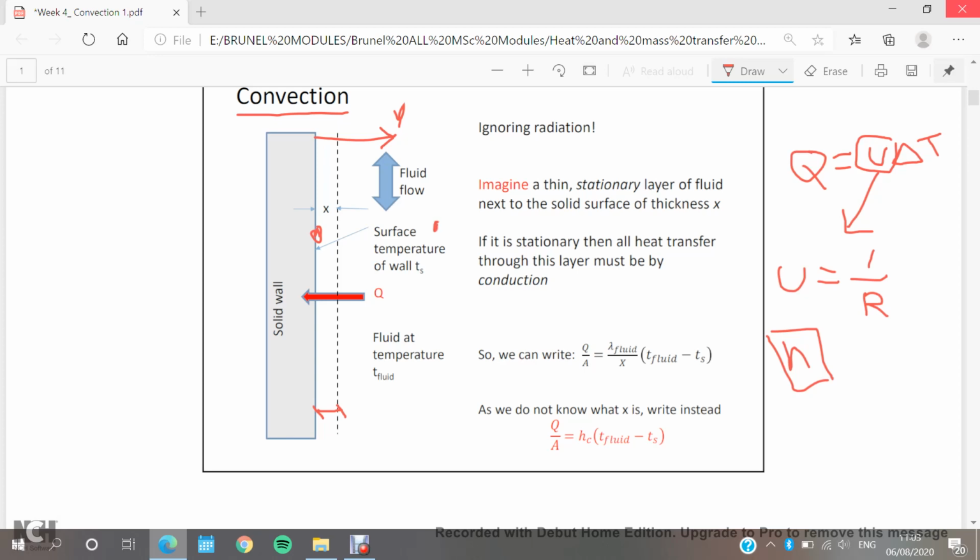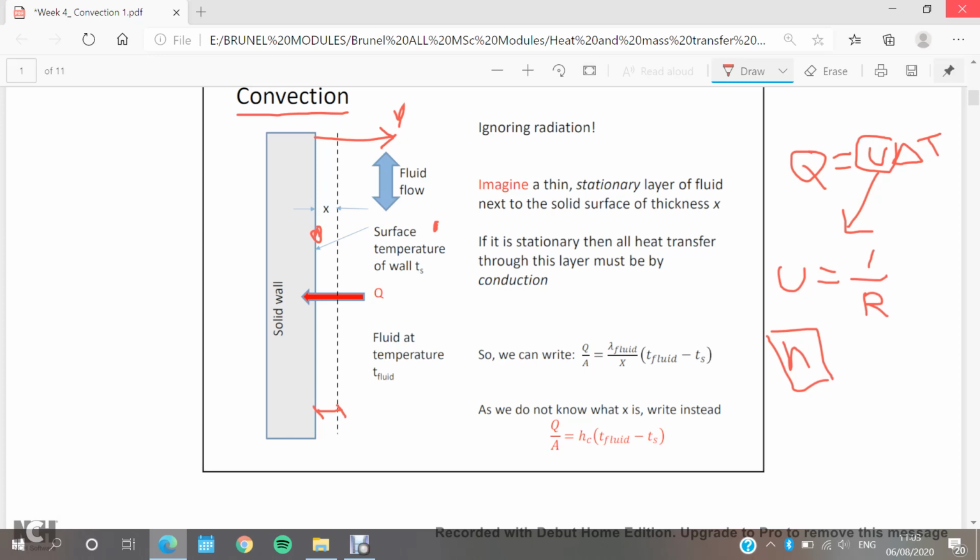Let's say we have an imaginary layer of this fluid with a thickness x, and we will assume that it is stationary, which means there is no molecular movement, which means that heat transfer through this layer, or between this layer and the vertical wall, will be by conduction.